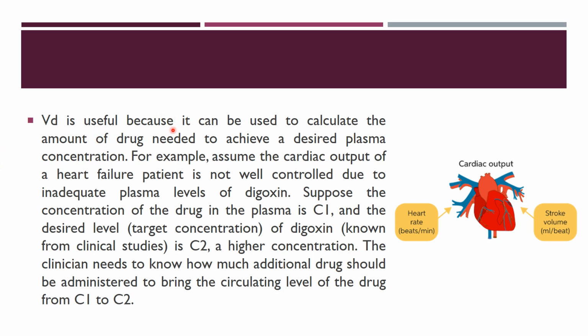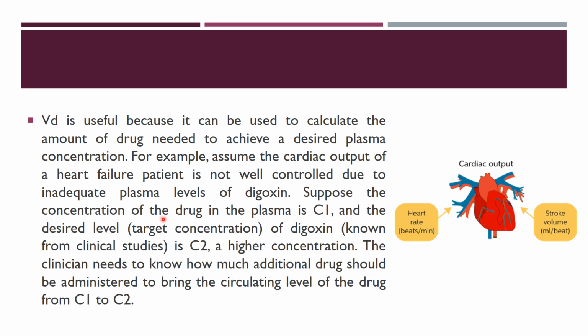Vd is useful because it can be used to calculate the amount of drug needed to achieve a desired plasma concentration. For example, assume the cardiac output of a heart failure patient is not well controlled due to inadequate plasma levels of digoxin.